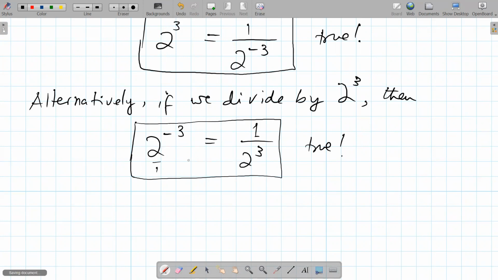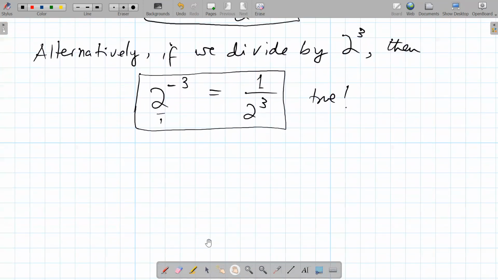So anytime a negative exponent changes its position from a numerator to a denominator, or from a denominator to a numerator, it changes from the negative exponent to a positive exponent. Okay, that is what the negative exponent idea is all about.